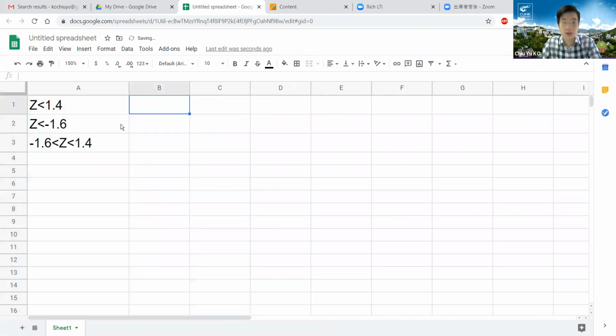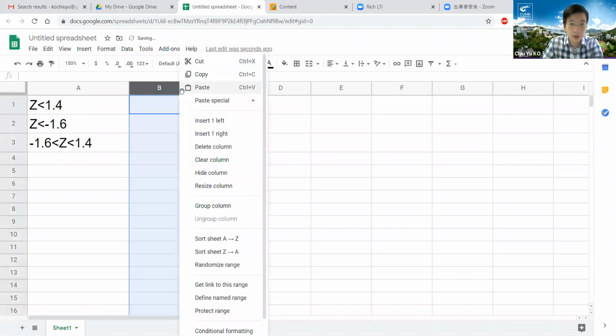Can you see my screen? Oh, someone doesn't understand true and false. Okay, let me talk about this one first. This is only in Excel. So if you use Google, we don't have this problem. Let me change the font size because it's slightly too small.